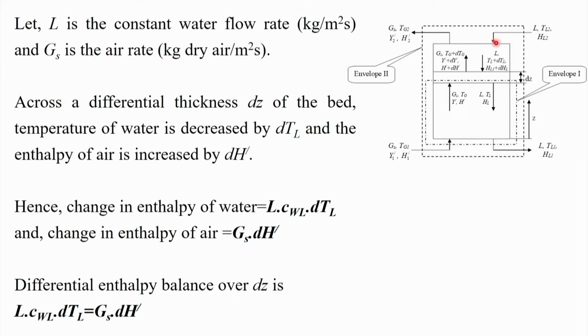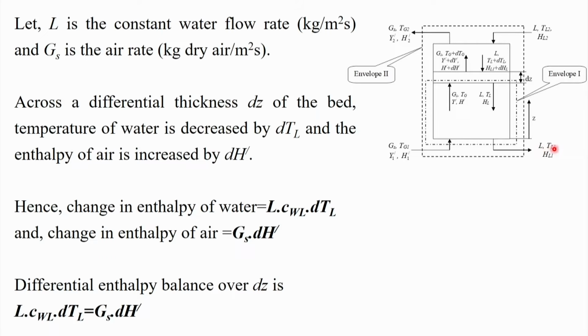It enters from the top, and this cold air, or room temperature air, enters from the bottom of this cooling tower with the flow rate Gs and temperature Tg1. These 1 and 2 are the stations. For all the calculations we will take 1 as the bottom and 2 as the top of this cooling tower.